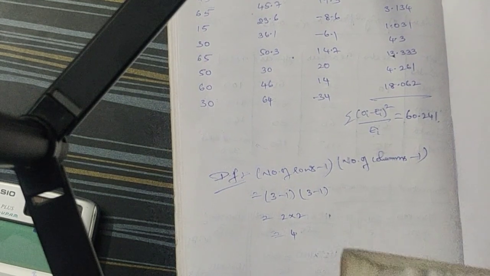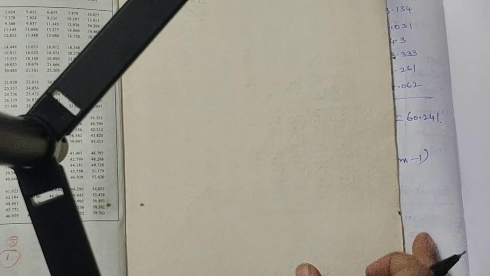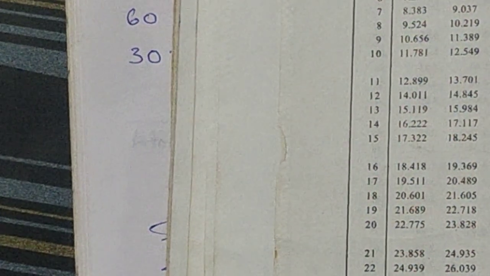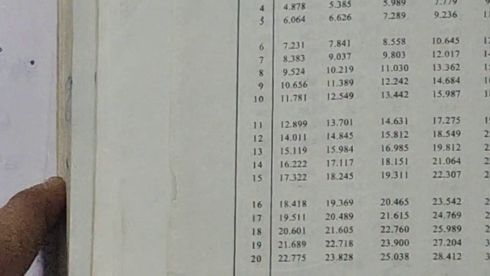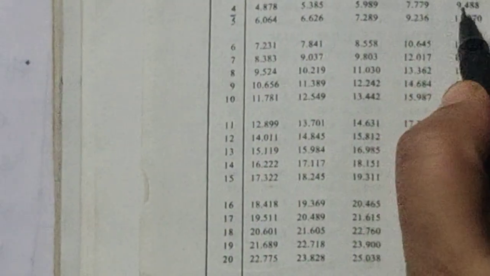So, if we see in our chi-square table at 4 degrees of freedom under 5% level of significance, that is 0.05, how much is it, 9.488.